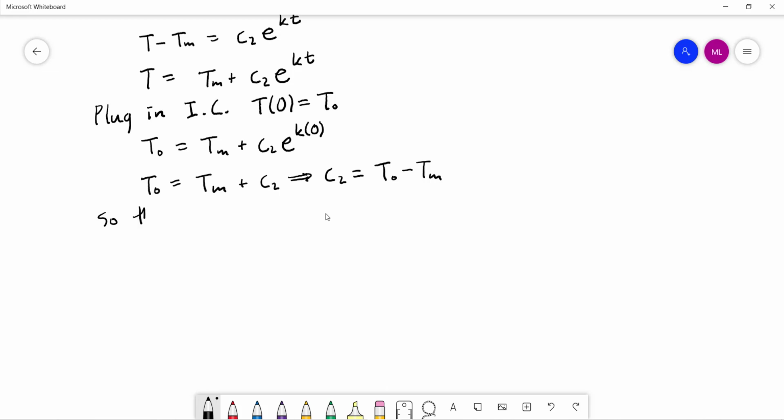So the full solution is that t is equal to tm plus c2, but we just found c2 is this term right here, so plus t0 minus tm times e to the kt. And there's what the solution looks like.